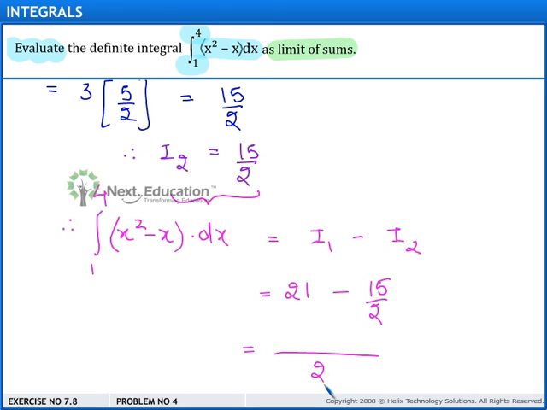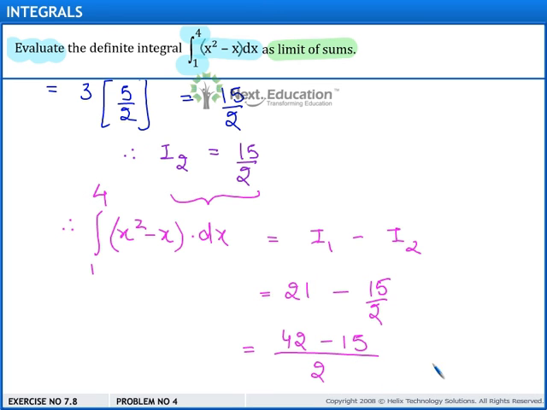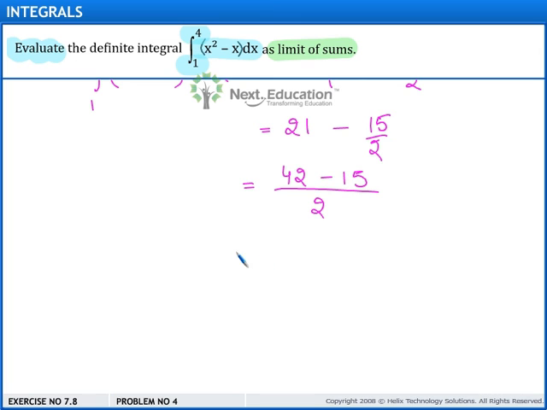So this is equal to, taking 2 LCM, 42 minus 15, and this is equal to 27 upon 2.